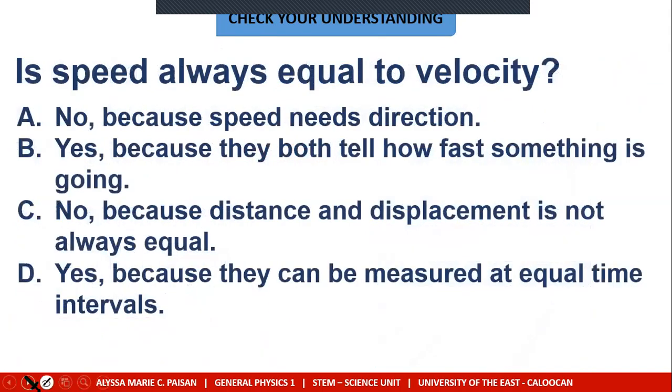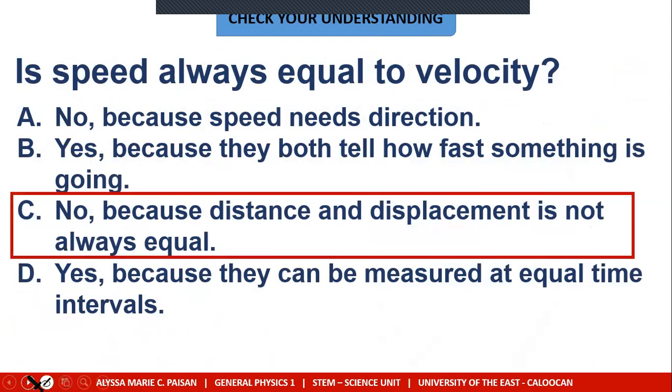Next question, is speed always equal to velocity? The answer is letter C, no, because distance and displacement are not always equal. Remember, distance will only have the same magnitude as displacement if the object is going towards one direction. Pag pa-north lang siya, puro north lang ang travel niya. Pag pa-east lang siya, puro pa-east lang ang kanyang travel, no?